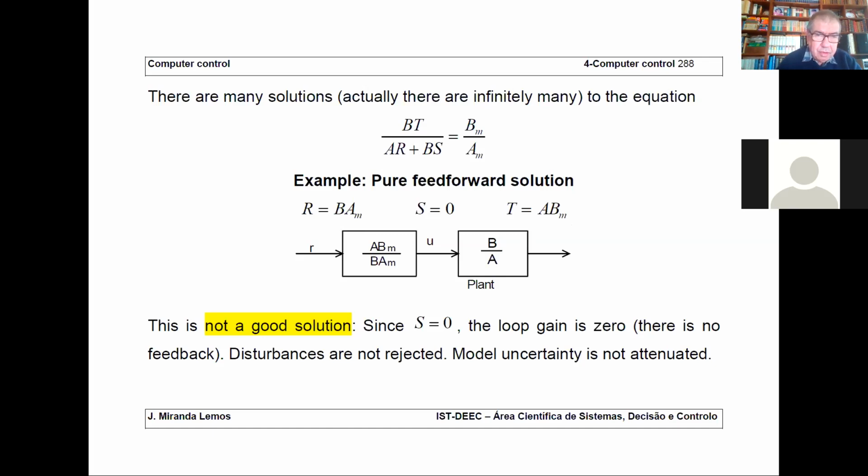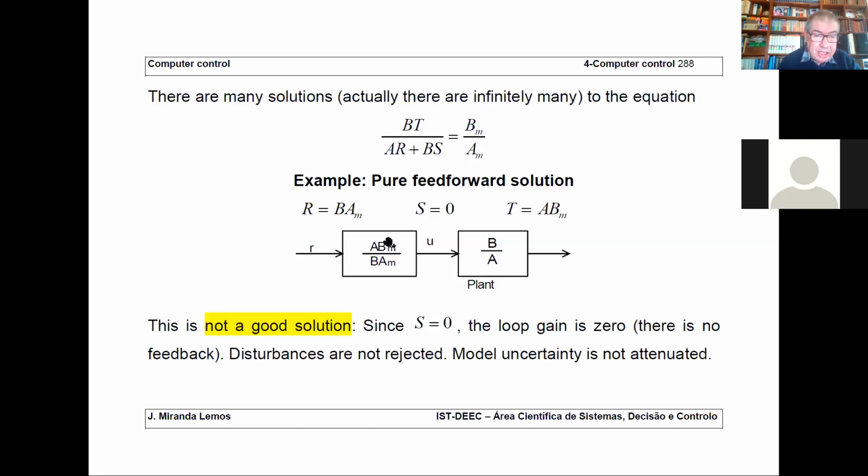So one possibility of imposing your closed loop transfer function is this choice. What is this choice? S equal to 0, remember, S is associated to the feedback, so you have no feedback. This is not good because feedback is an important thing. I'm not able to reject disturbances.